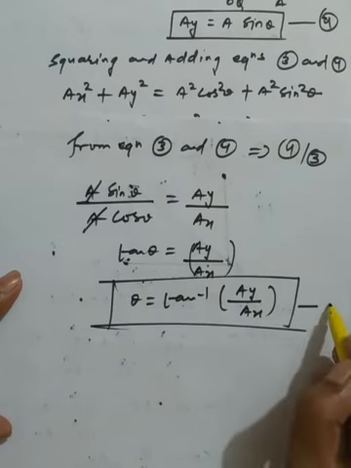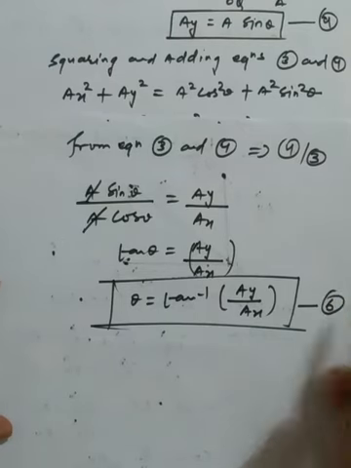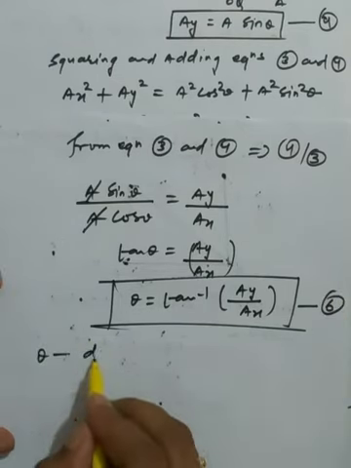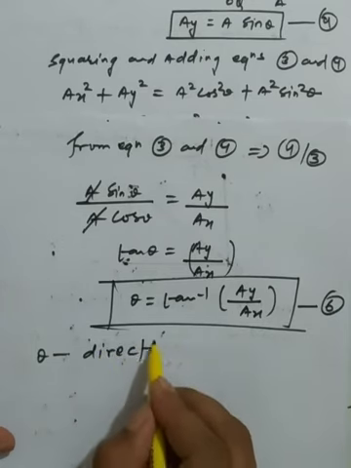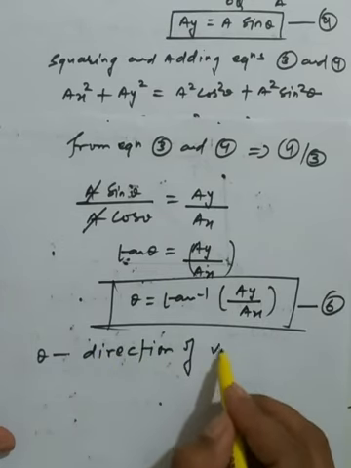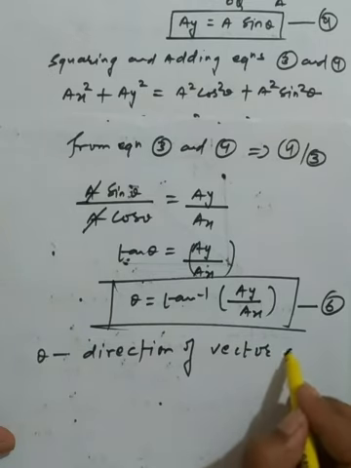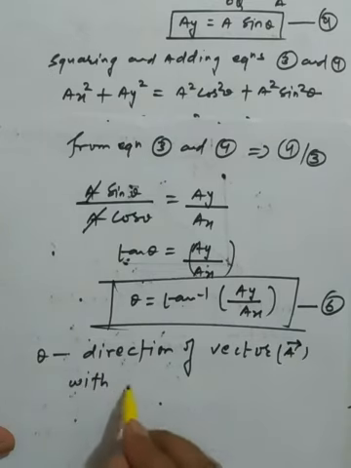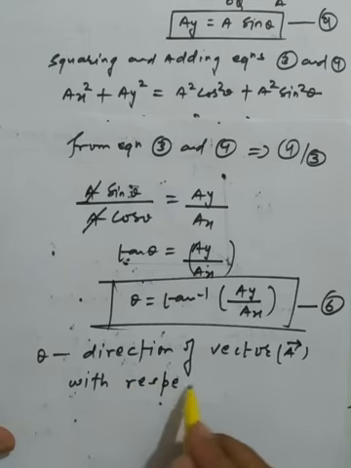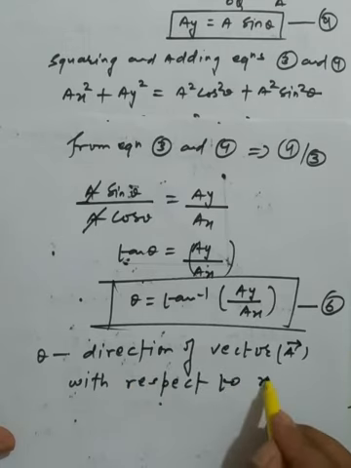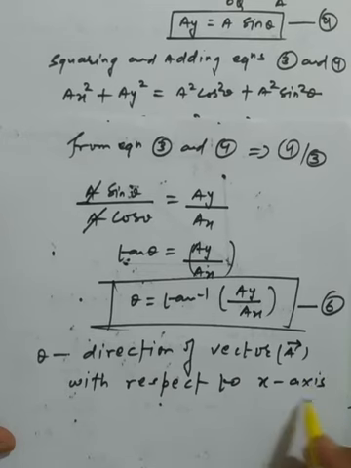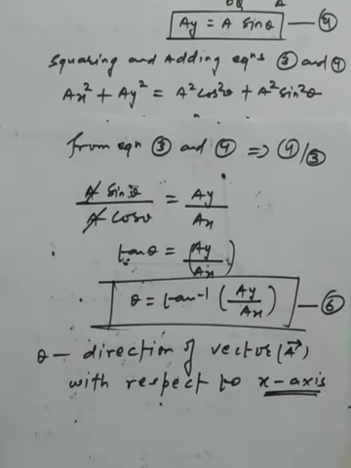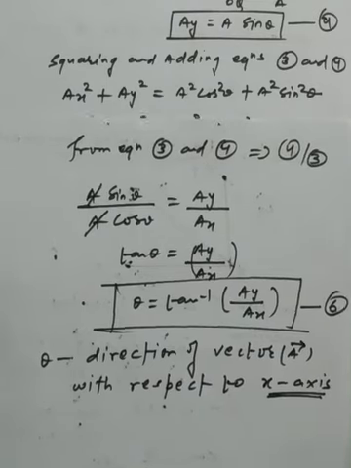This is equation number 6, and theta represents the direction of vector A with respect to the x-axis. If we know theta with respect to the x-axis, mathematically we can calculate theta with the y-axis also.